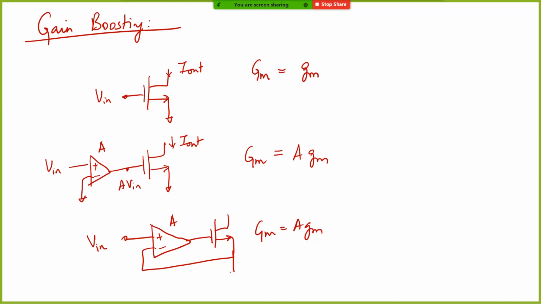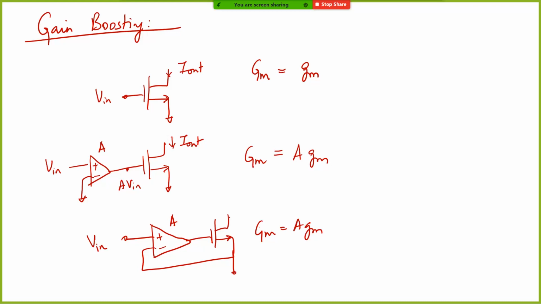So this is what is called gain boosting. You put an amplifier in front of your input stage, and then you connect the negative terminal to the source of the MOSFET, so that the VGS is, in this case, referred to the source terminal.